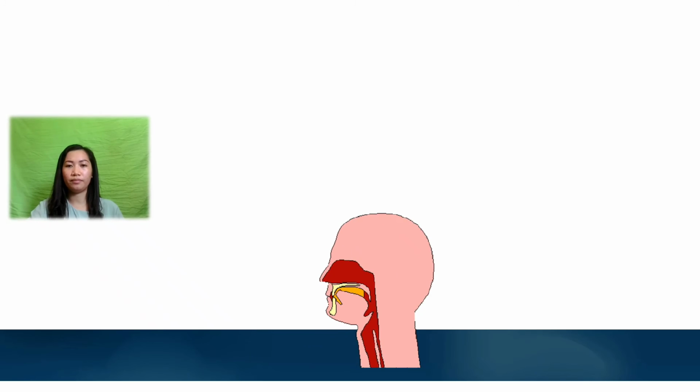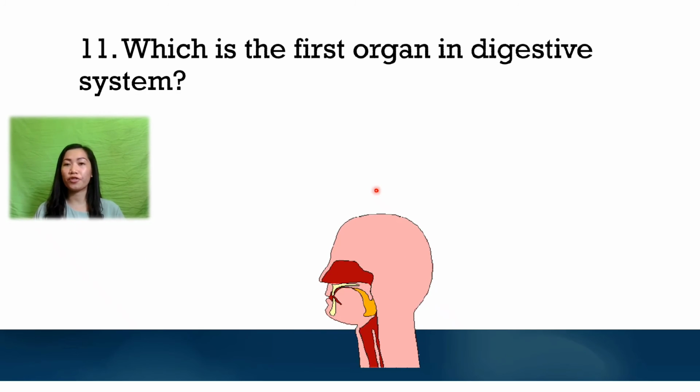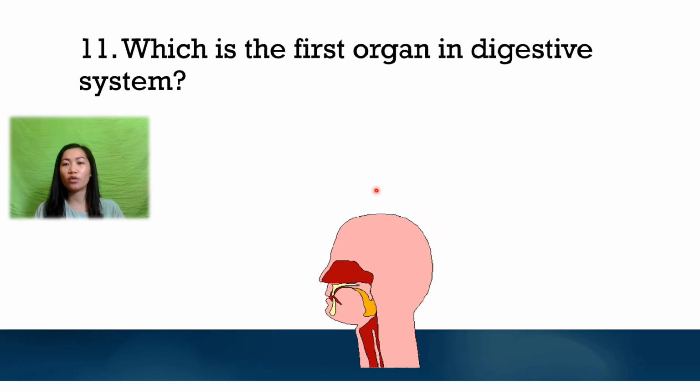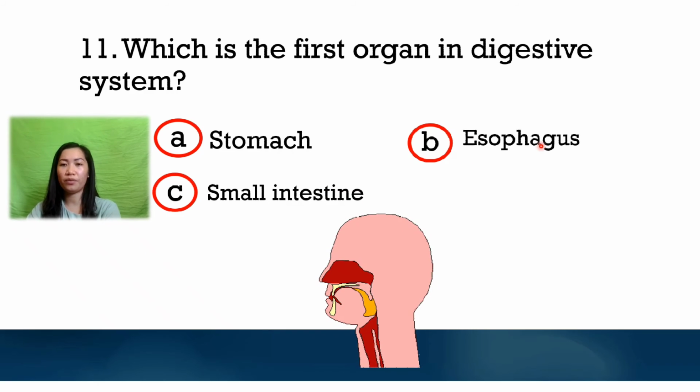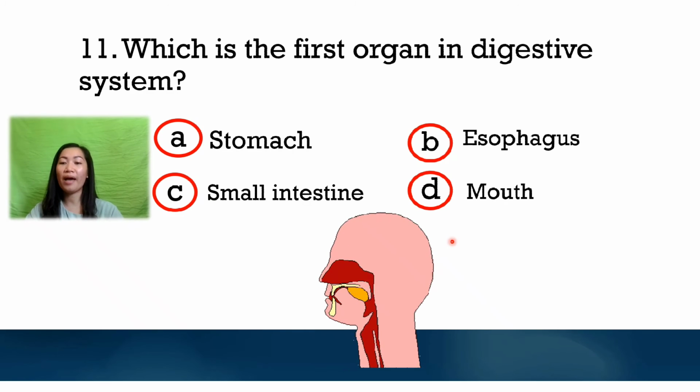Number 11. Okay, which is the first organ in the digestive system? Again, which is the first organ in the digestive system? Is it letter A, the stomach, letter B, the esophagus, letter C, the small intestine, letter D, your mouth?